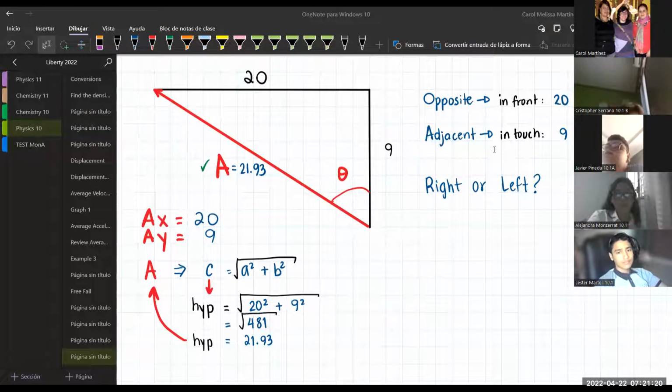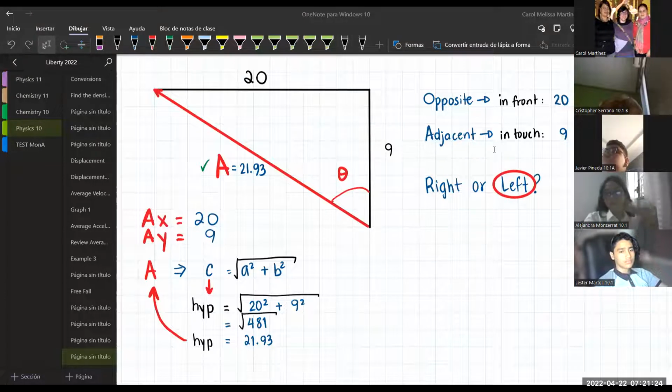Left. Okay, left. It is correct. It is moving to the left. If it's moving to the left, is it going to be positive for x or negative for x? Negative.